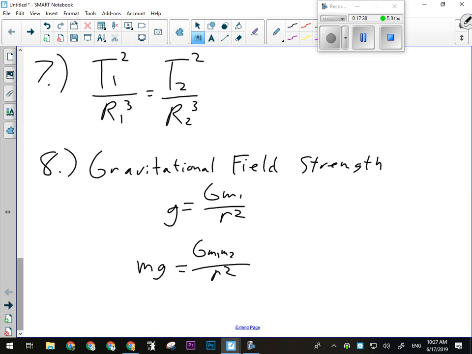This force is equal to this force because they're the same force. Everyone okay with that? All that happens is anything caught in the field experiences the same acceleration due to gravity, which is why the mass cancels off and I'm left with my formula for acceleration due to gravity.